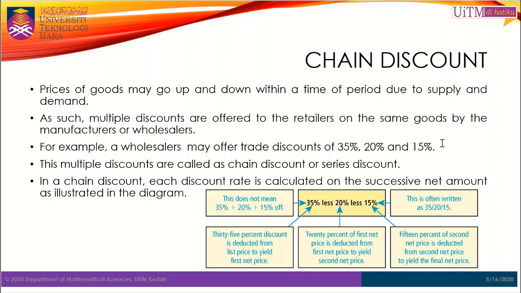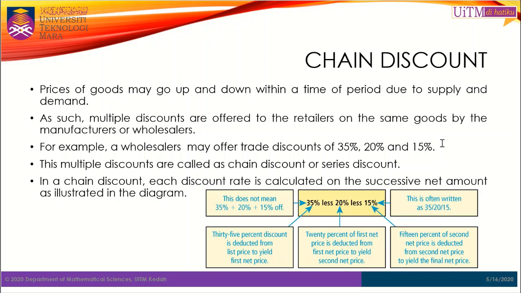In this case, first of all, the list price will be offered a 35% trade discount. After deduction of the 35% trade discount, you have the first net price, and the first net price will be applied to the second trade discount, that is 20%.